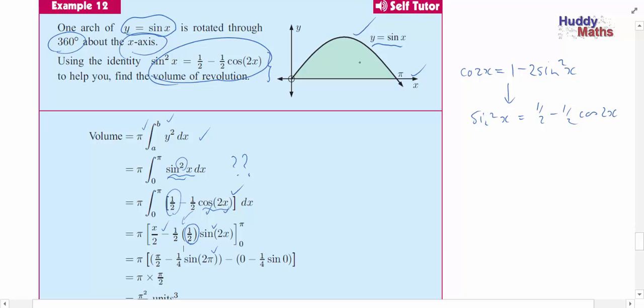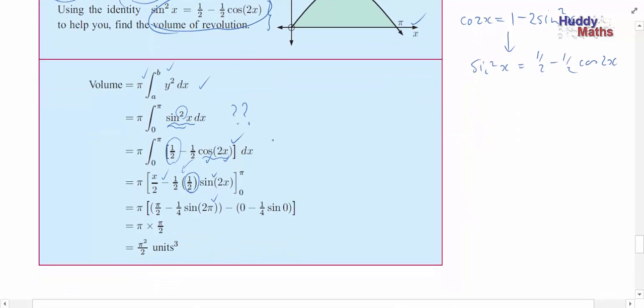So let's come down a bit and have a look at putting in 0 and then pi. Putting in pi first of all, pi over 2, 2 pi in there, minus putting in naught. Okay, just watch the negative here. We're subtracting the value at pi minus the value at naught.